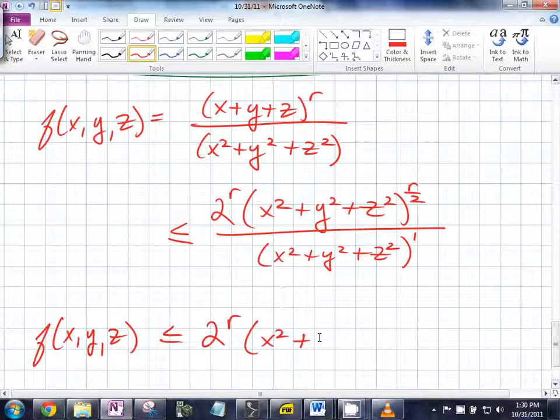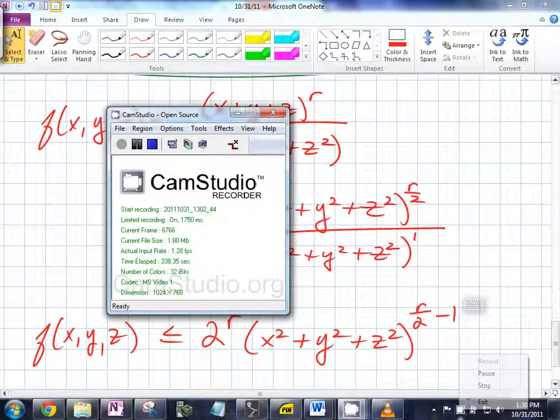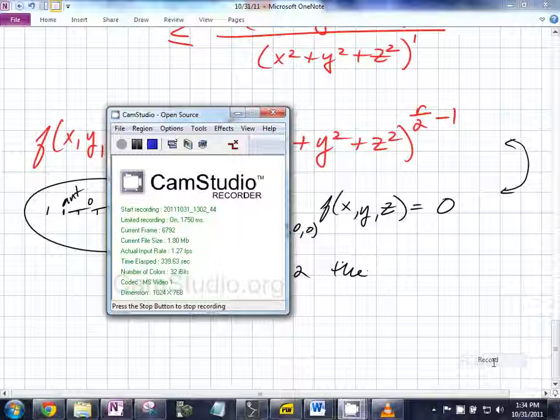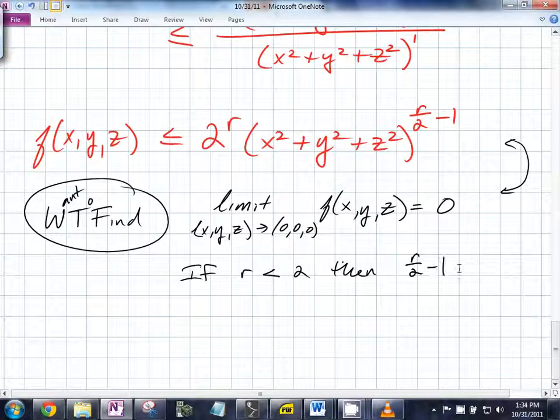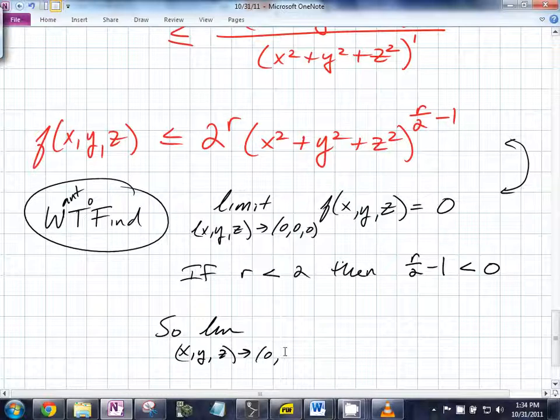Then r over 2 minus 1 is less than 0, correct? So the limit as x, y, z goes to 0, 0, 0 of x squared plus y squared plus z squared to the r over 2 minus 1 would go to infinity, right? And you can put that 2 to the r in there because it's static. It would go to infinity, right? Because 2 to any power is going to be positive.